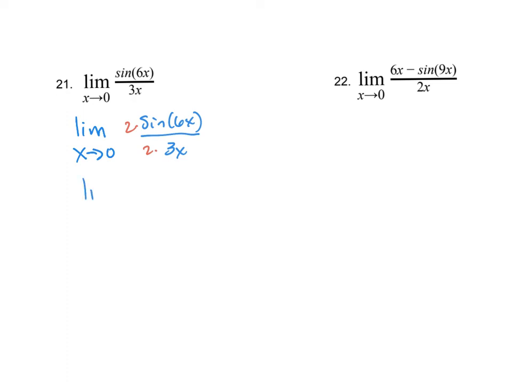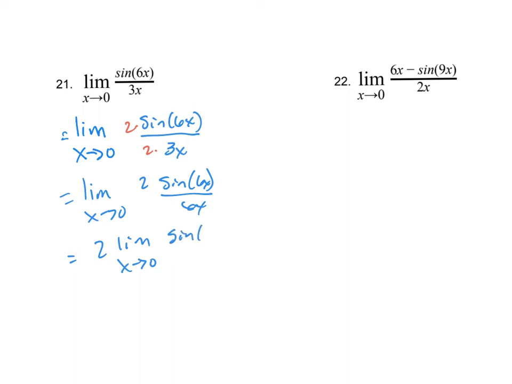This limit turns into 2 sine of 6x over 6x. And then we split it into 2 limits, or factor the 2 out, however you want to do that. But it's 2 times the limit as x approaches 0 of sine of 6x over 6x.